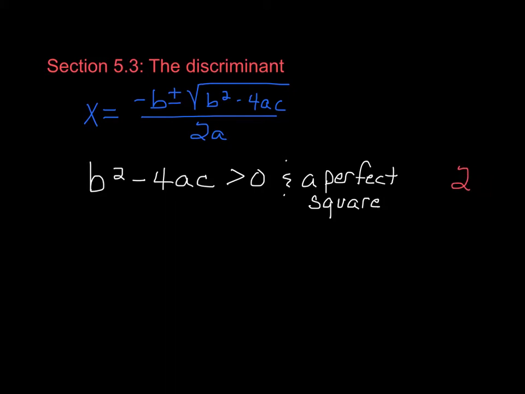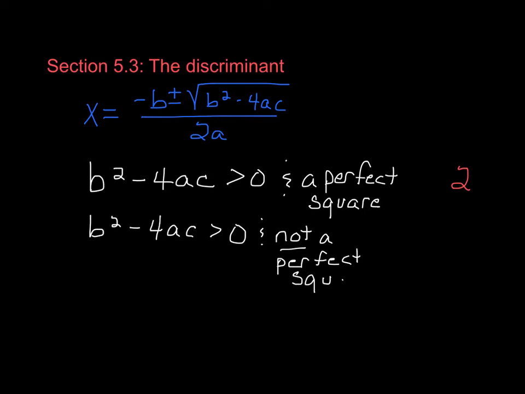When the discriminant is greater than 0, or another way to say that is positive, and not a perfect square, there are still 2 roots, however now they are irrational.